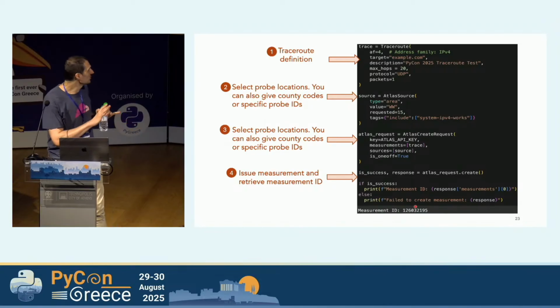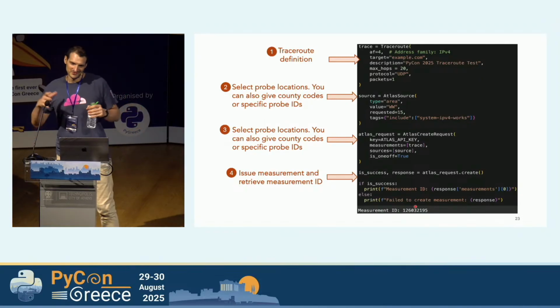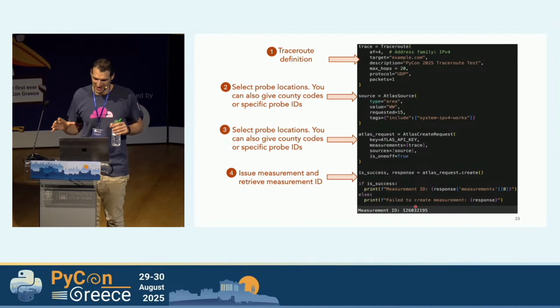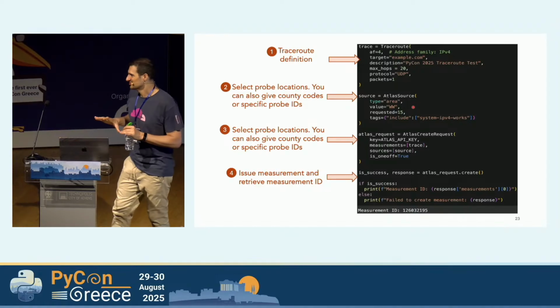This is all it takes to run a distributed traceroute from whichever location we want around the world. Here I just create a definition of a traceroute measurement. I say, target is example.com again. I want TTL to be 20, protocol UDP. Then I pick my sources. In this case, I was conservative.